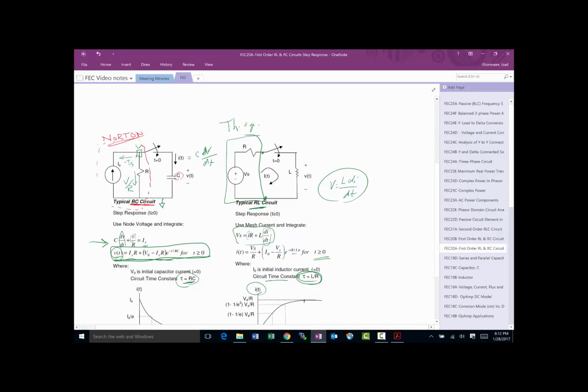Then if I'm doing the RC circuit, I've got to find the Norton equivalent. So if you're solving this problem, step 1 is you need to find, just before t equals wherever you're throwing the switch, in this case 0, the initial condition.